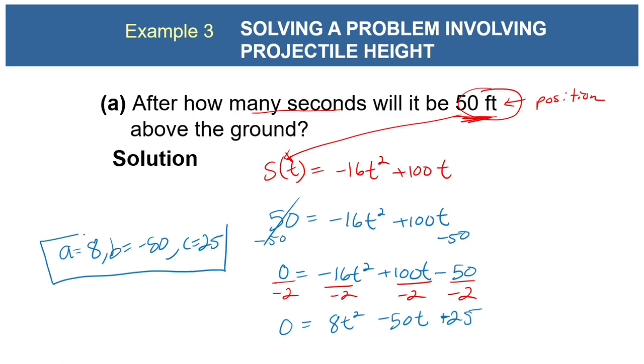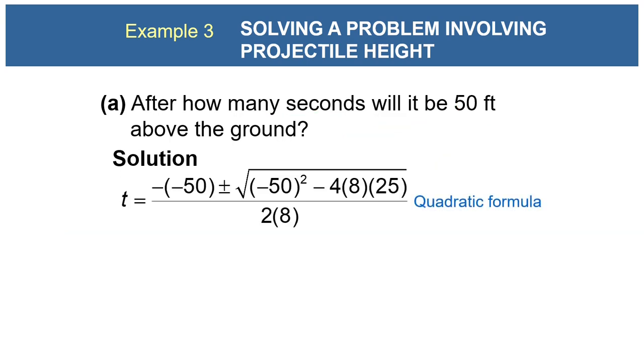So we'll use this and plug it into the quadratic formula, which we learned in the previous lecture. So let's use the quadratic formula. We have t equals negative b, negative negative 50, plus or minus the square root of negative 50 squared minus 4 times 8 times 25, over 2 times a.